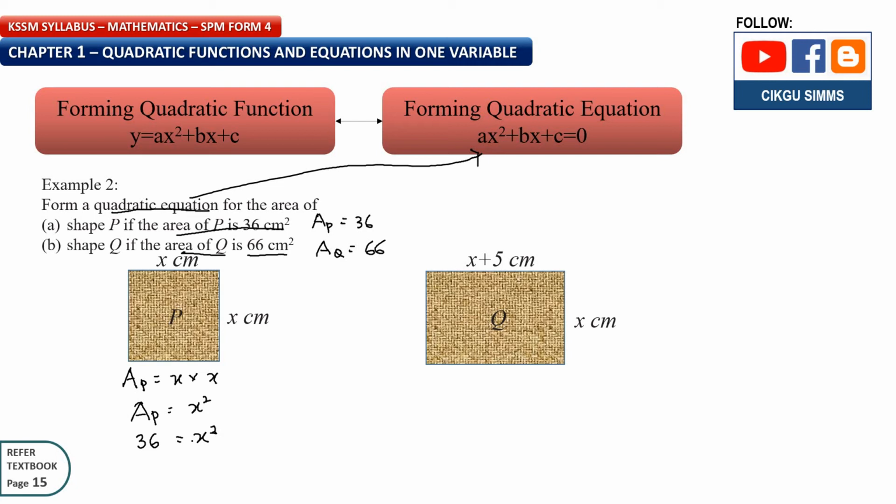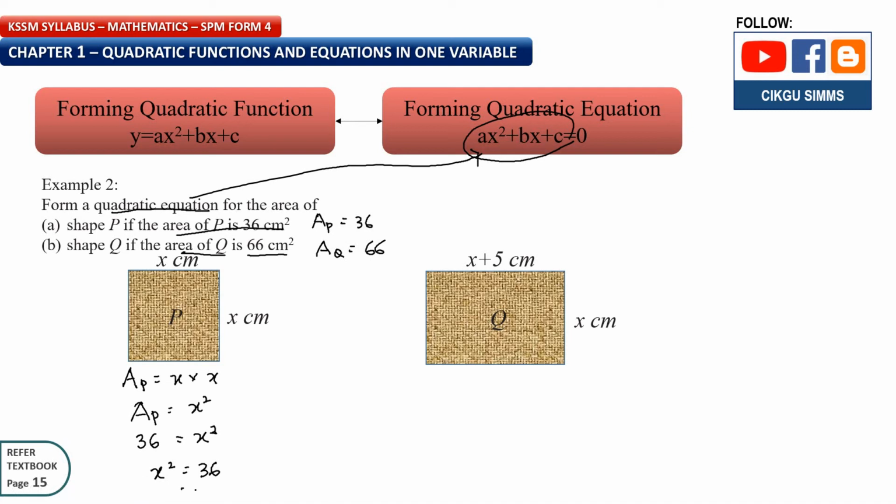Remember the general equation, x squared must be at the front, at the left side of the equal sign. So x squared must be equal to 36, and we better let this side equal to 0.